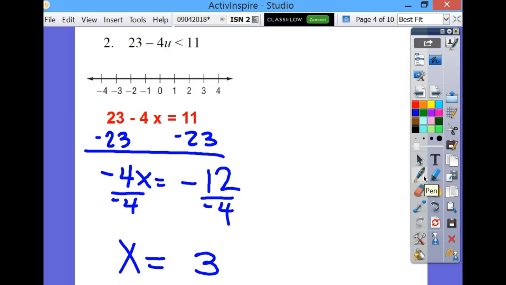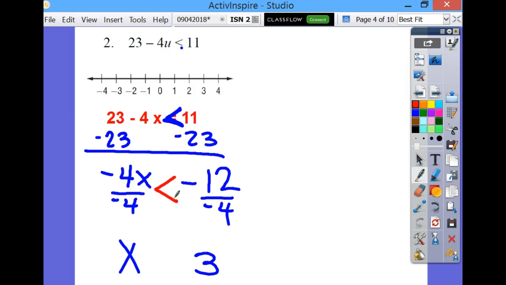This is a less than sign, so that would be a less than sign, except there's one rule that makes inequalities different than equalities.